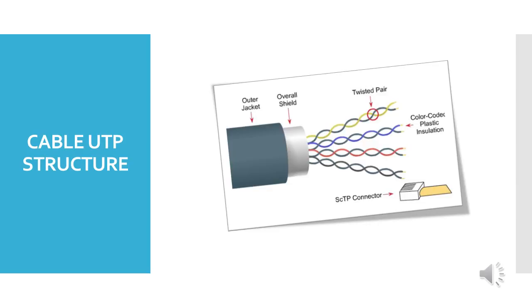The twisted pair is divided into 8 cables, which are green, white, red, white, brown, white, and blue, white. An example of the connector is the RJ45.